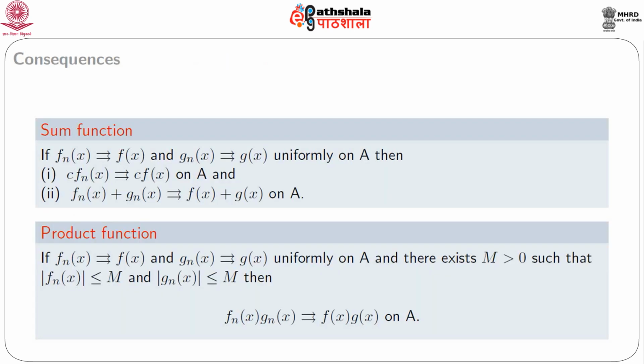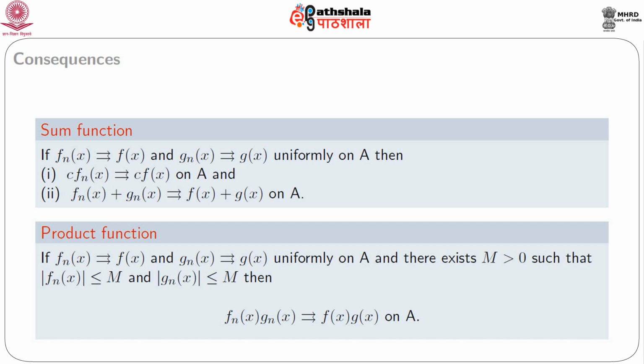So let us discuss some consequences of uniform convergence. If f_n(x) and g_n(x) converge uniformly on A, then C multiplied by f_n(x) also converges to Cf(x) uniformly on A, and if we consider the sum function, that is f_n(x) plus g_n(x), then the sum function also converges to f(x) plus g(x) on A, where f(x) is the pointwise limit of f_n, and g(x) is the pointwise limit of g_n.